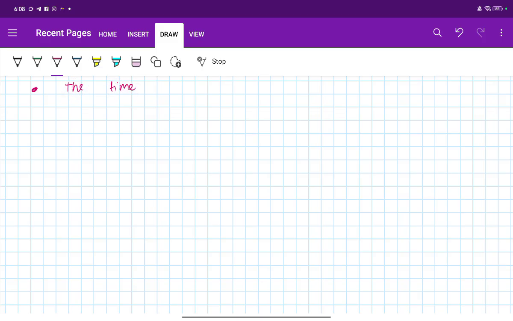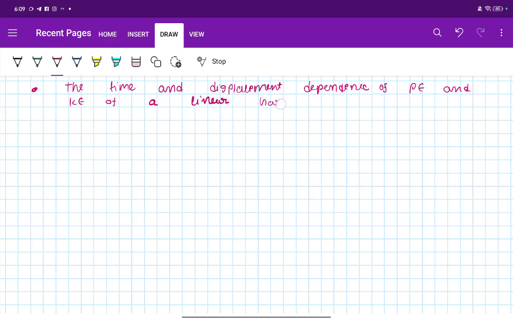The time and displacement dependence of potential energy and kinetic energy of a linear harmonic oscillator.